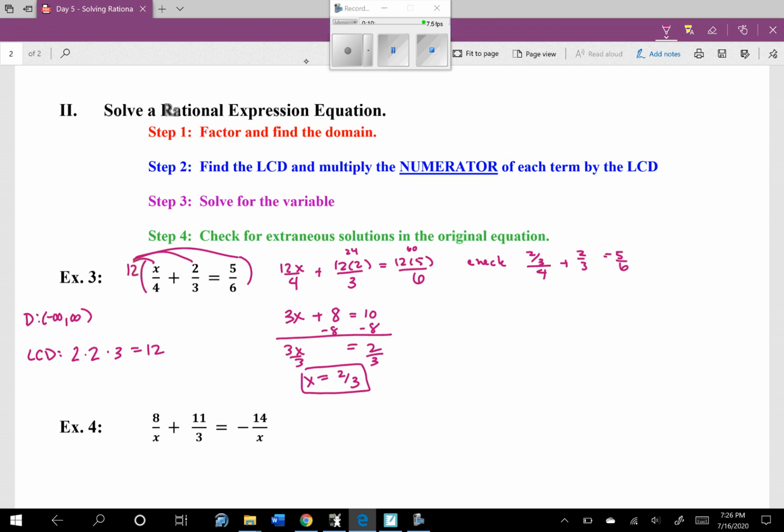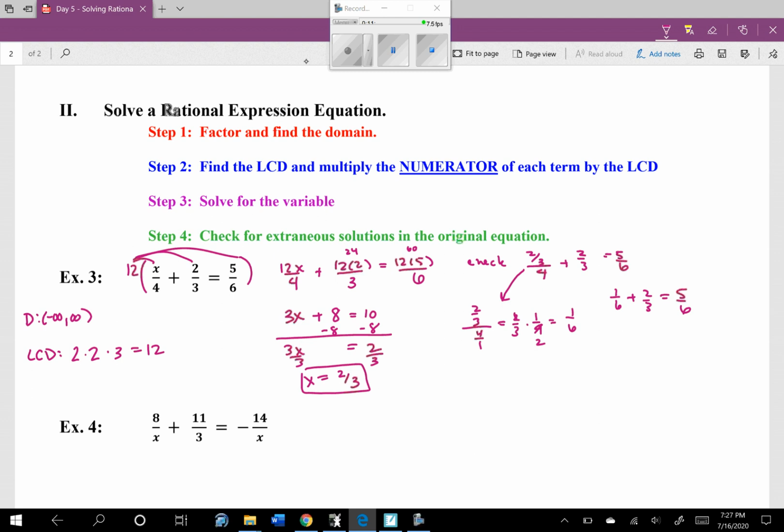When we have fraction divided by fraction, remember you multiply by the reciprocal. So if I divide this, I get 2/3 divided by 4/1, which is equal to 2/3 times 1/4. Here we can cancel out a 2, so this just becomes 1/6. So now we have 1/6 plus 2/3 equals 5/6. How do we combine fractions?